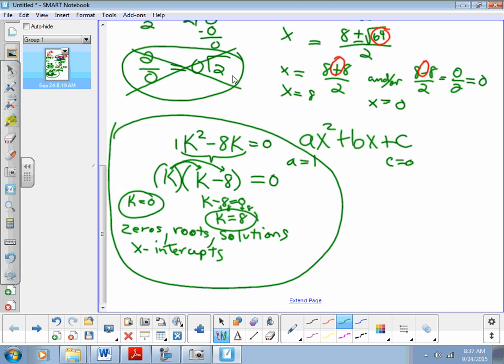Kind of like, for example, if I were to say factor out 64, you can factor out 64 a couple different ways. You can say 8 times 8. Yes, it's 64. But you could also say 32 times 2 is 64.